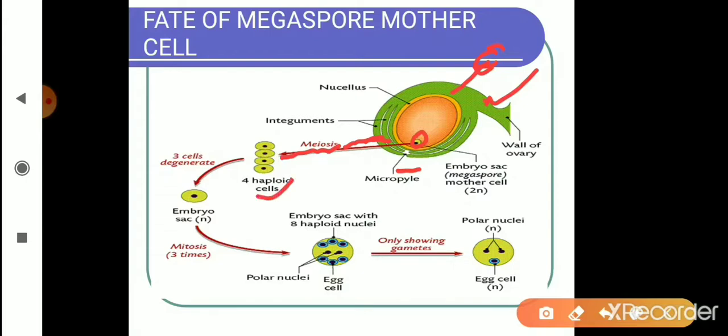From this tetrad, three cells degenerate and one functional megaspore starts megasporogenesis. This is the functional megaspore. This functional megaspore is also haploid. This haploid cell undergoes three mitoses.